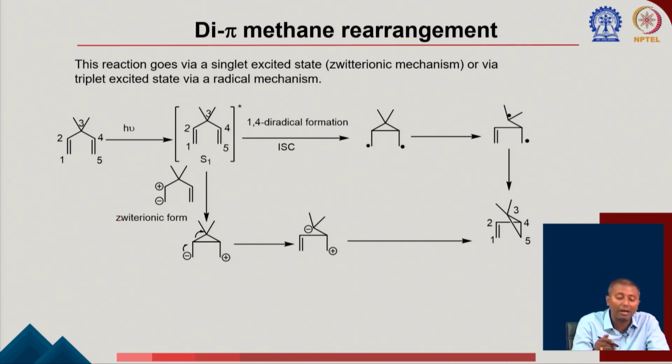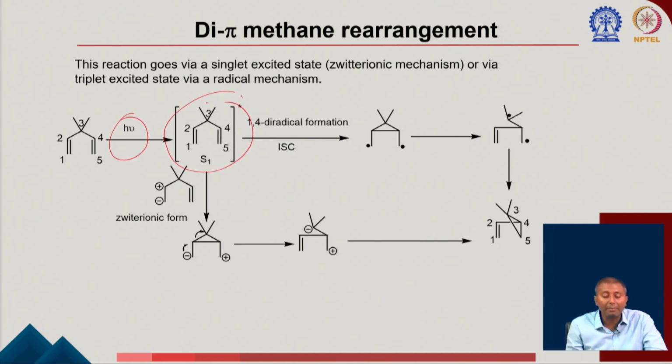Now, the mechanism. First, under UV light, it goes to the excited singlet state. As I mentioned, if the reaction is happening from the excited singlet, then we generally write the mechanism in a zwitterionic form: you can think of this double bond as plus-minus, push the arrow here, and form an anion which can combine with this cation to form the corresponding vinyl cyclopropane.